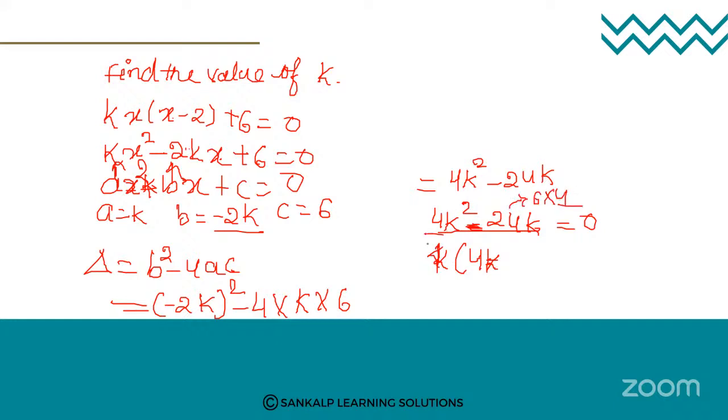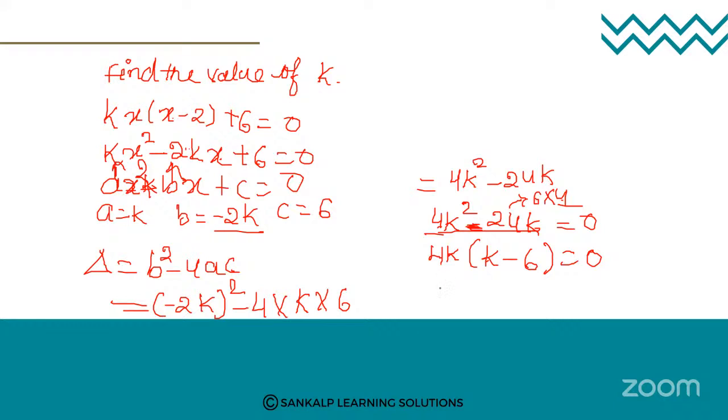So 4k is common. Here also 4 is there, here k is there. So 4k is common, and in the bracket we will have k minus 6 equal to 0.